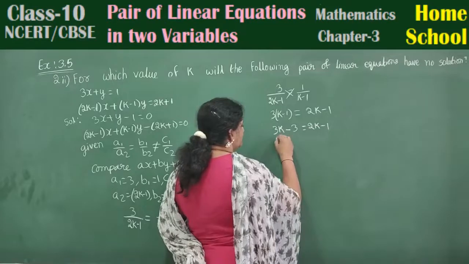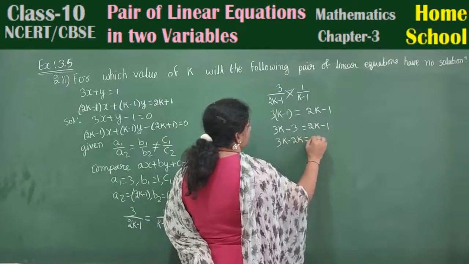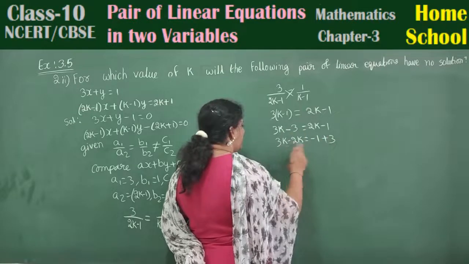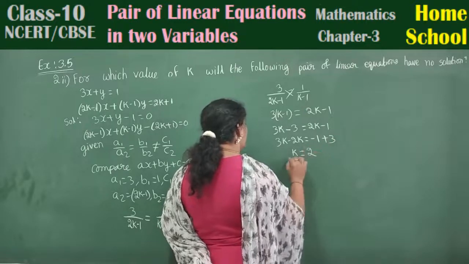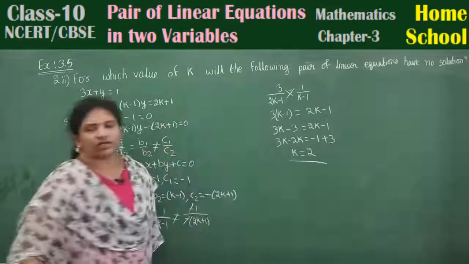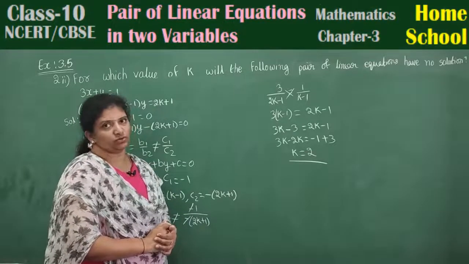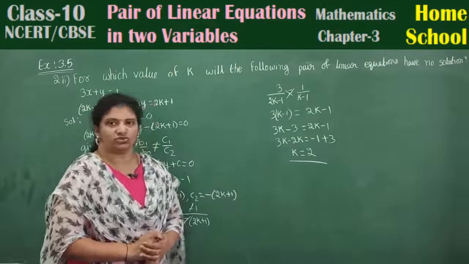Bring this 2k this side. 3k minus 2k is equal to minus 1 plus 3. 3k minus 2k will be k. 3 minus 1 will be 2. Therefore, what is your k value? The k value is equal to 2 when the pair of linear equations have no solution.